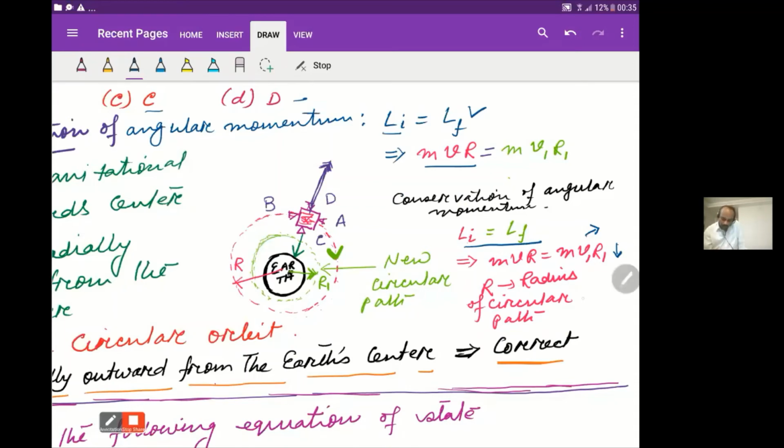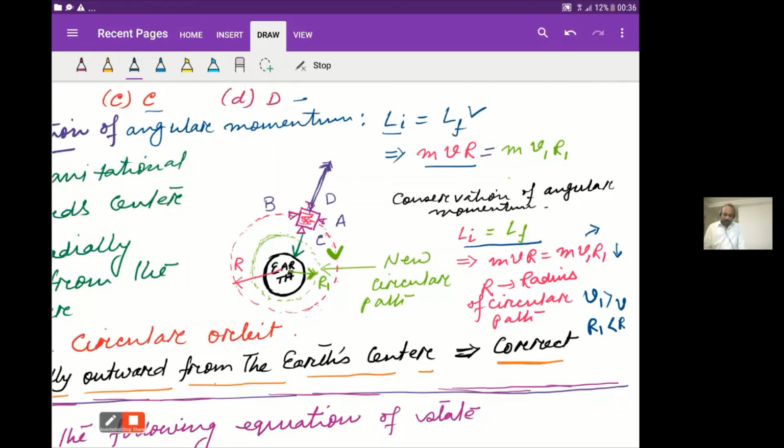So v1 is greater than v and r1 is smaller than r. That means the satellite will move towards the Earth center.